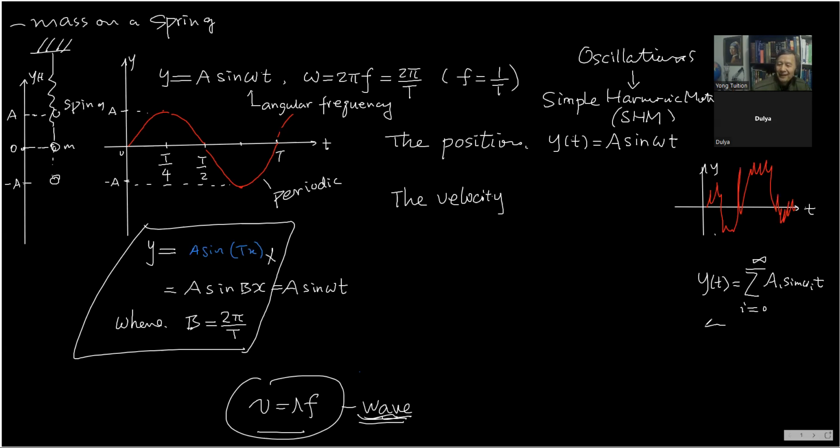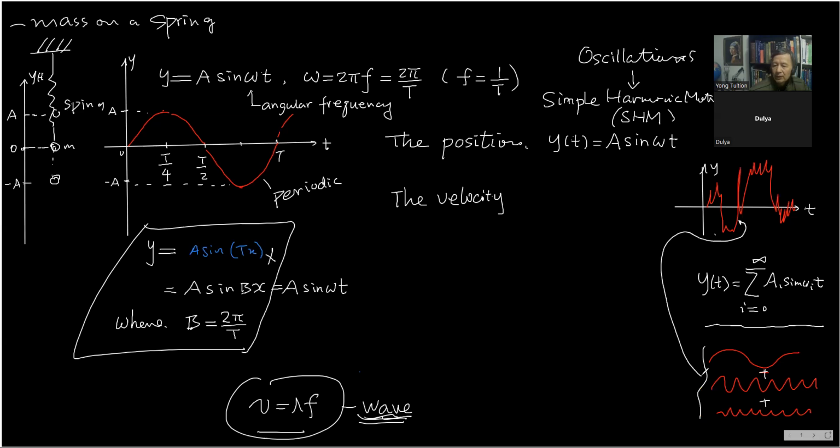In other words, a complicated oscillation can be subdivided into simple harmonic components. If you add them up, of course there are more than 3 components, you will get the original oscillation. So no matter how complicated the oscillation is, we can always use simple harmonic motion to describe it.